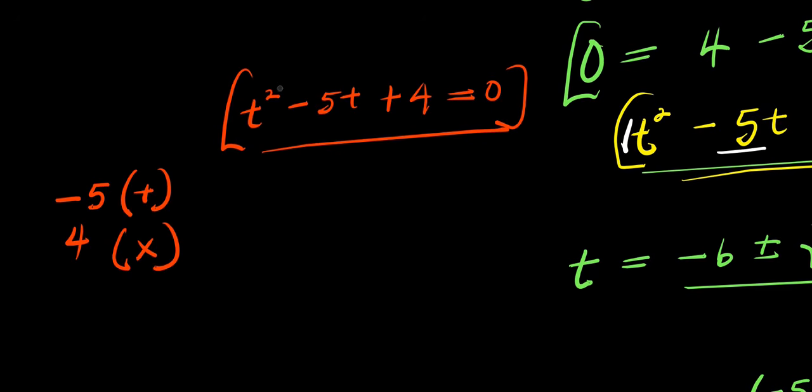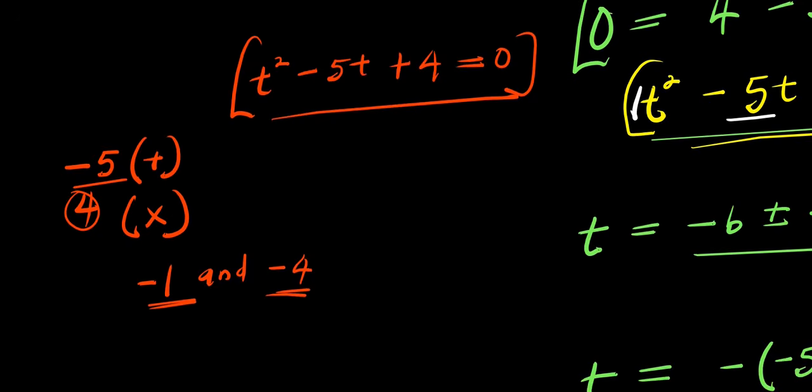Now the two numbers: if you consider -1 and -4, -1 plus -4 will give you -5, and -1 times -4 will give you +4. So those are the two factors.